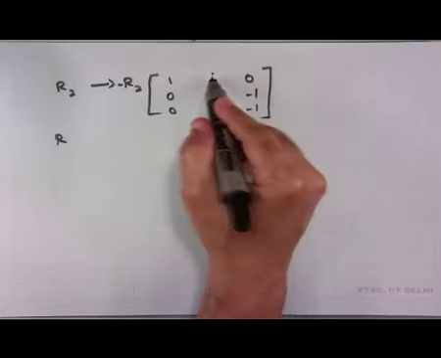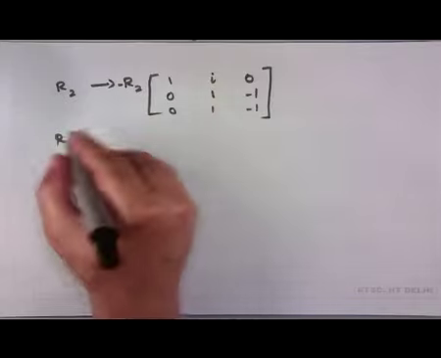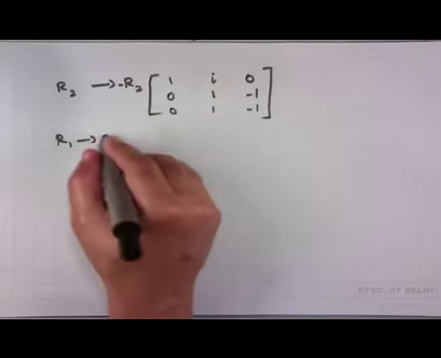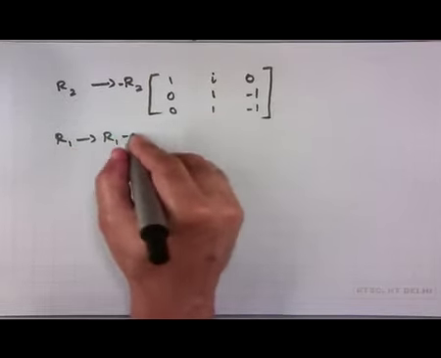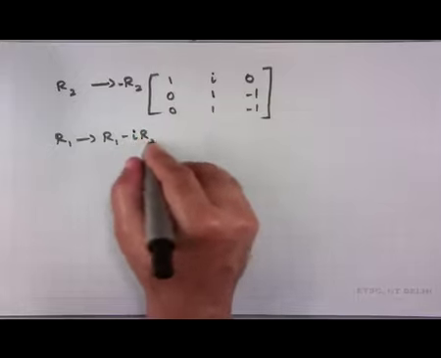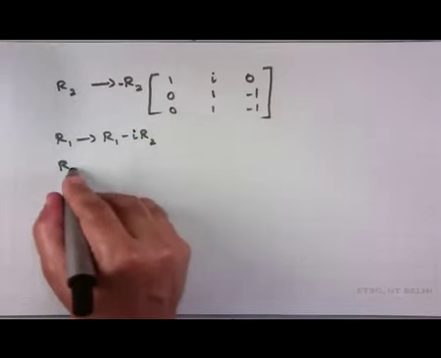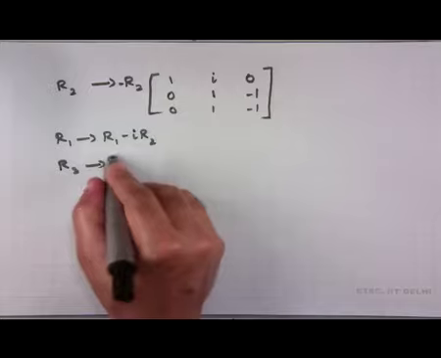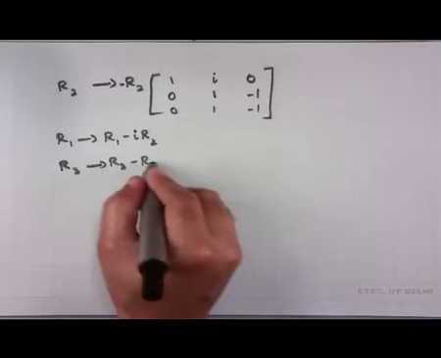Let us convert this i and 1 into zeros. R 1 is replaced by R 1 minus i times R 2 and R 3 is replaced by R 3 minus R 2.